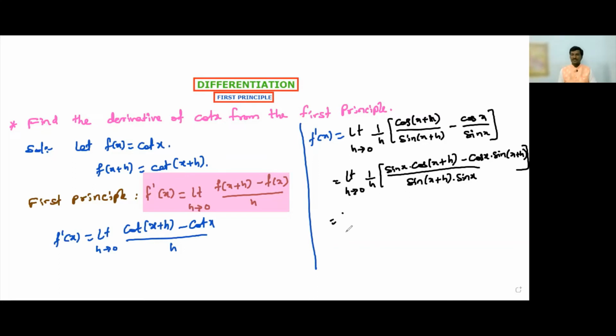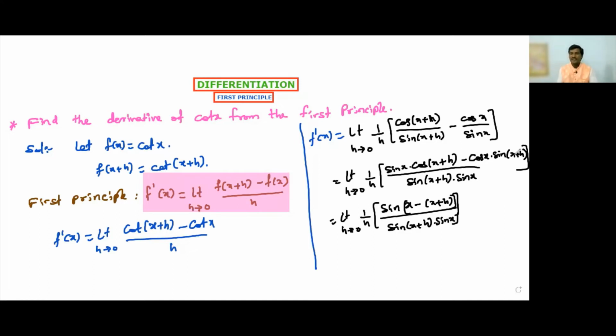Now this is equal to limit h tends to 0, 1 by h into sine a cos b minus cos a sine b. This is the sine a minus b formula. So we can write it as sine of x minus x plus h, whole divided by sine of x plus h into sine x.